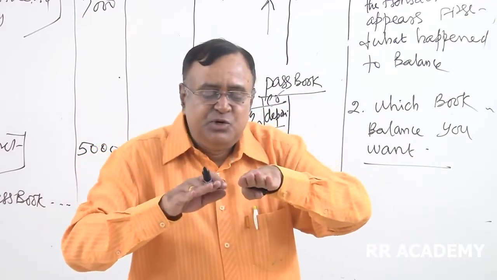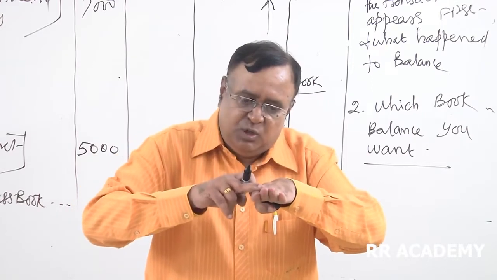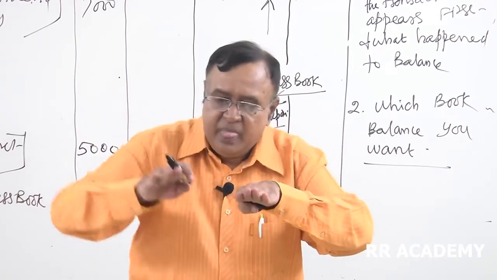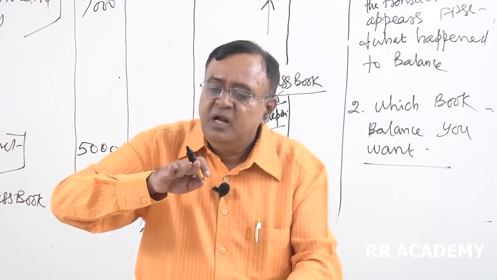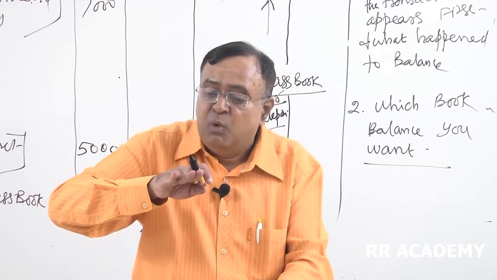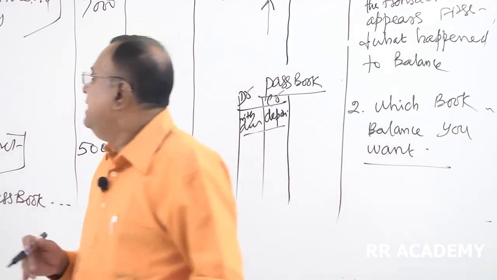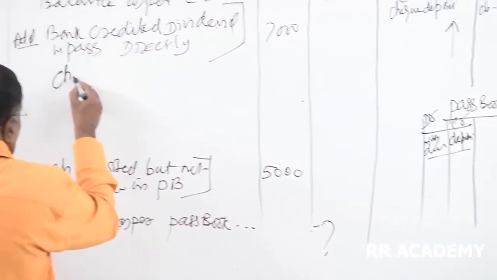Which book will it be entered in first? Cash book. Issued means the cash book comes down, passbook same. Second question: which book do you want? Passbook. Therefore, add.